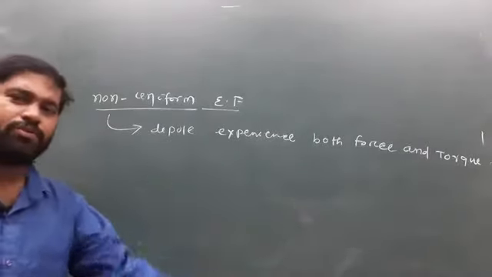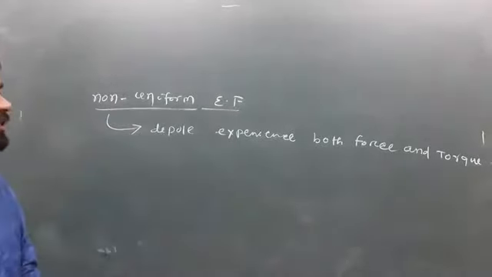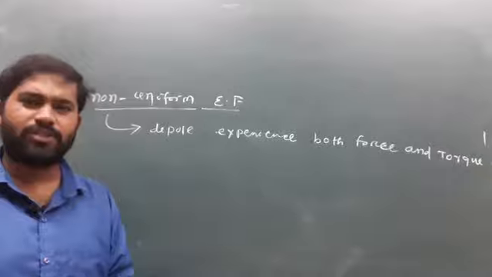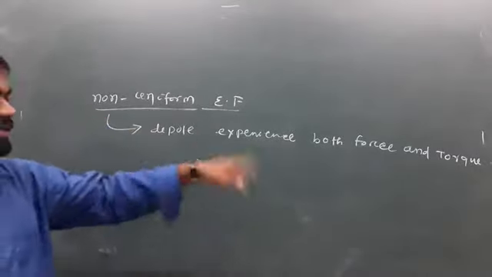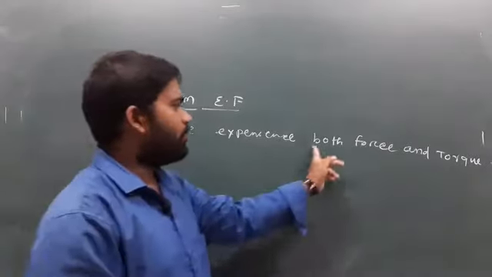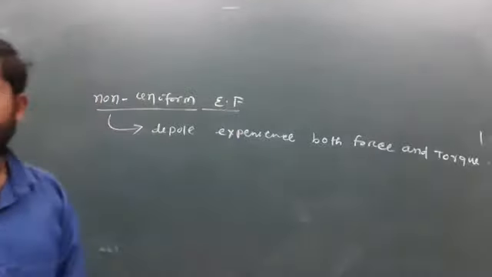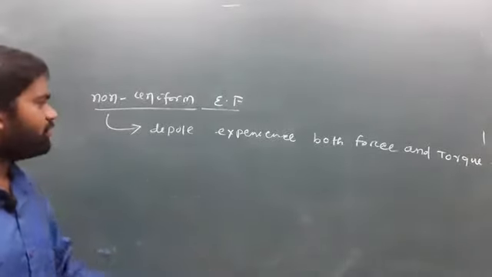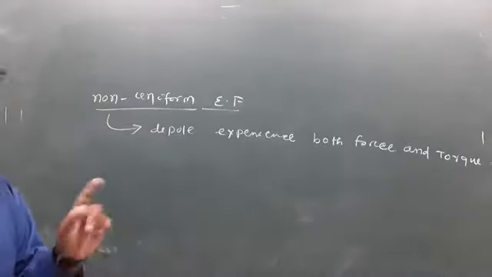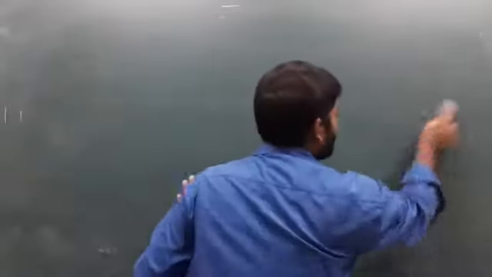So in a uniform electric field, it experiences only torque, force will be 0, and in a non-uniform electric field, it experiences both force and torque. Now let us measure the work done by the dipole.